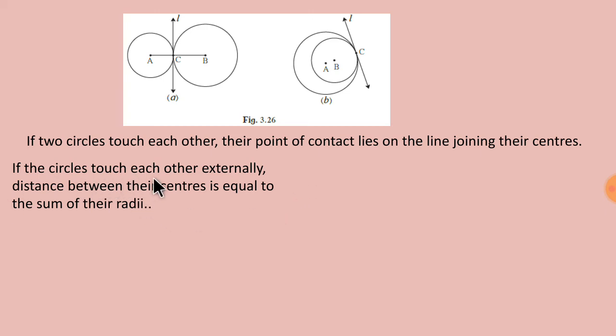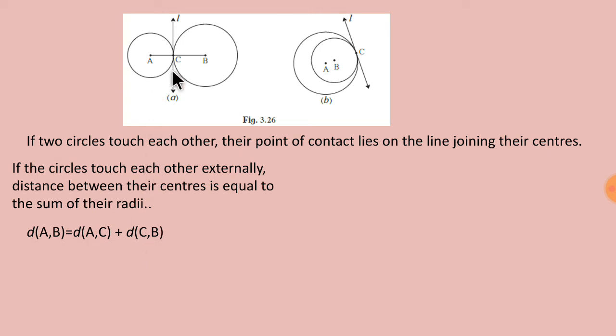If the circles touch each other externally, जर दोन वर्तुळे बाहेरून स्पर्श करत असतील तर distance between their centers, त्यांच्या केंद्रातील अंतर is equal to, म्हणजे बरोबर असते. कशाबरोबर असते? The sum of their radii, त्यांच्या त्रिज्यांच्या बेरजे इतके असते. Means distance AB is equal to, we get following formula, distance AB is equal to distance AC plus distance CB.